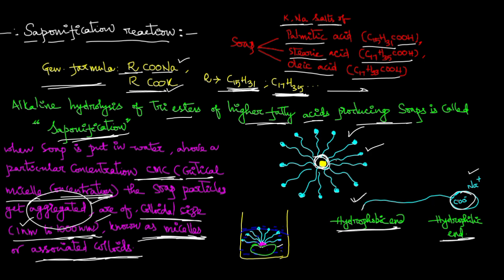When this micelle moves towards the dirt particle, the hydrophilic end is attracted towards the water, and the hydrophobic end, which is hydrocarbon, is attracted to the dirt particle itself, because the dirt particle itself is hydrocarbon. That's why this hydrophobic end moves towards the dirt particle, sticks to that one, and the dirt particle will come out very easily from the cloth.